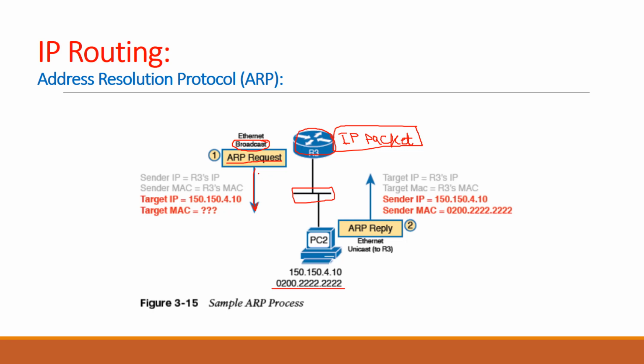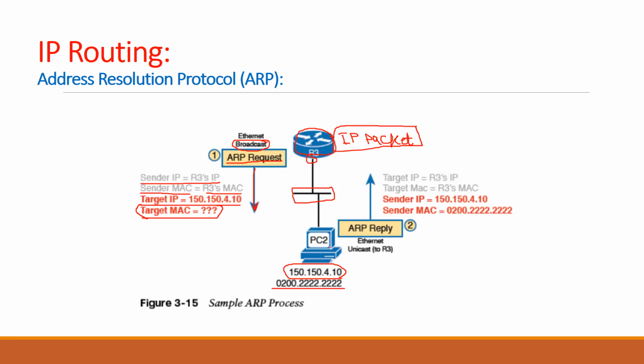Now when the switch receives this request, the destination MAC address inside the frame will be ffff.ffff.ffff, which is a broadcast frame. This ARP request will contain this information: the sender IP address, R3's IP address, the sender MAC, this interface's MAC address, the target or destination IP address of PC2, but this information is missing, the target or destination MAC address.